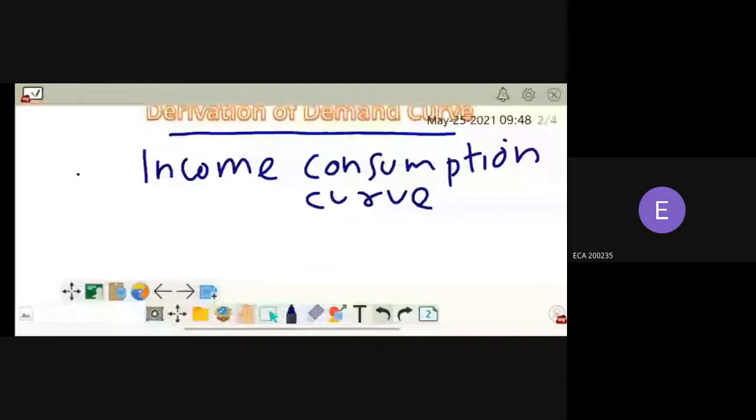If there is no change in the price of commodities, of course the budget line shifts towards the right.